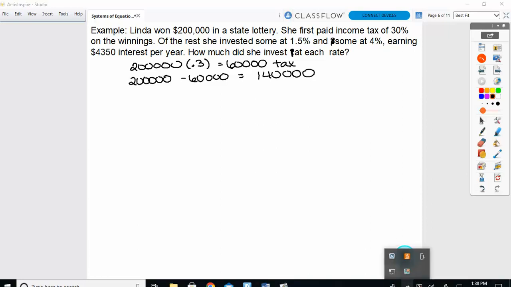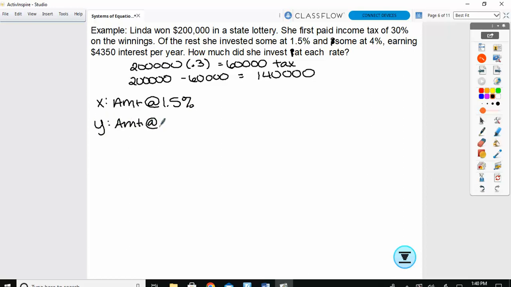Why don't you guys try to write the equations from here? Define your variables. So what you do, X the amount at 1.5% and Y the amount at 4%. So what was the first equation?